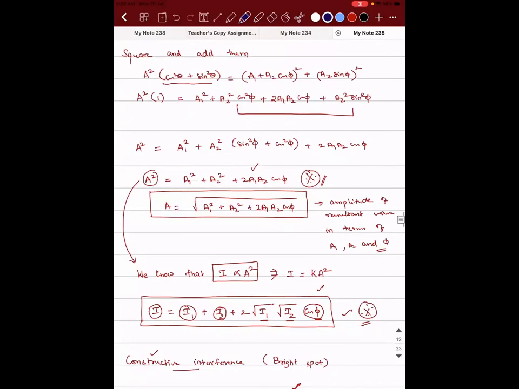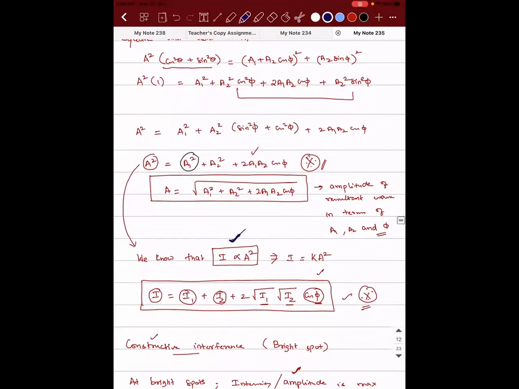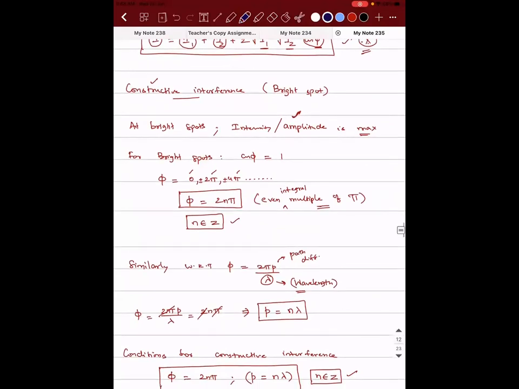Once we got the expression for amplitude, I am assuming that everybody knows that intensity is directly proportional to A square. This is a very famous expression in terms of waves. So intensity is directly proportional to A square means I will be equal to k times A square. So in the place of A1 square, I can write I1. In the place of A2 square, I can write I2. In the place of A1 A2, I can write root I1 into root I2. Cos phi, I left as it is. Then I took the conditions for constructive interference.